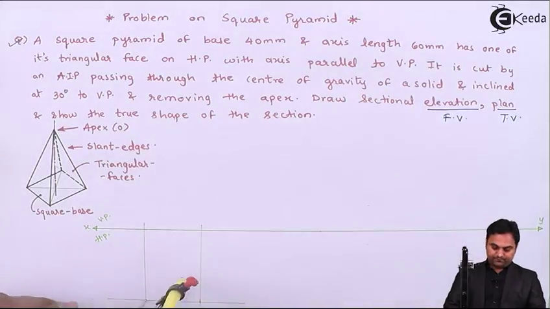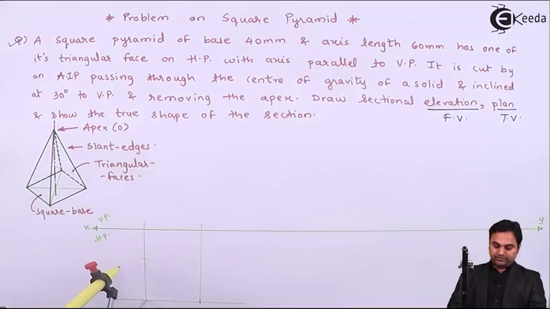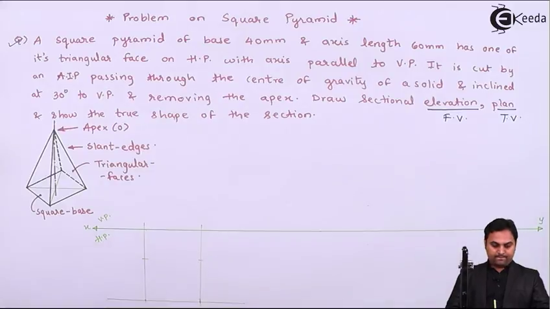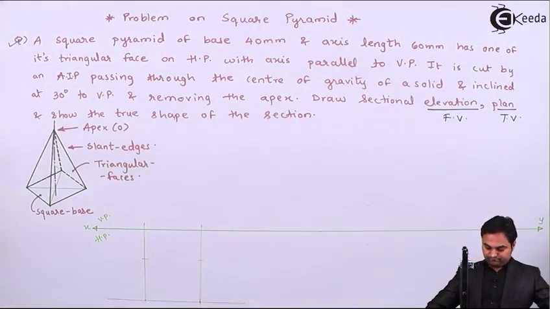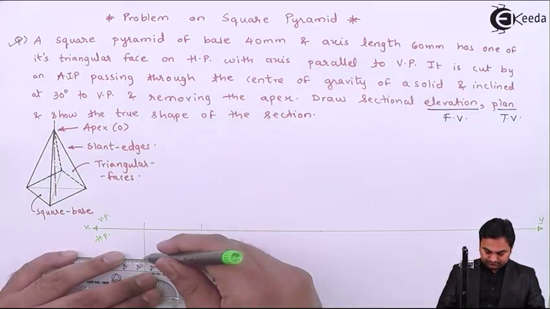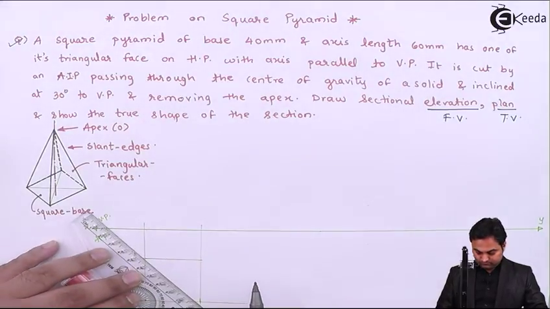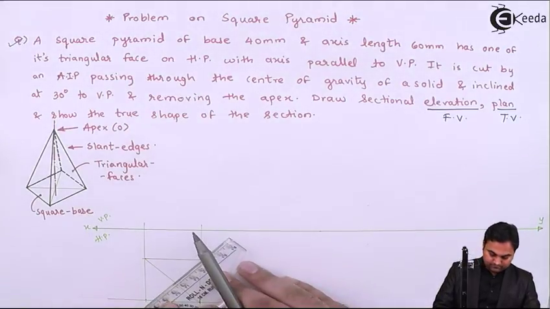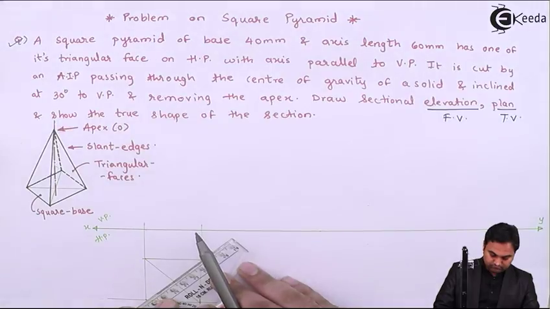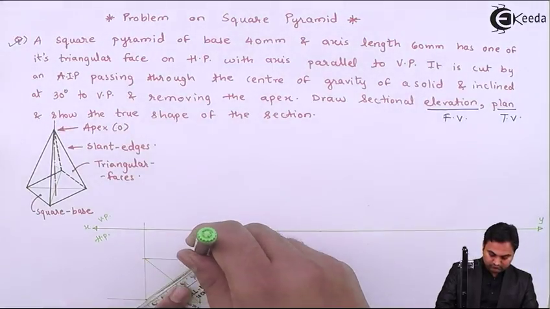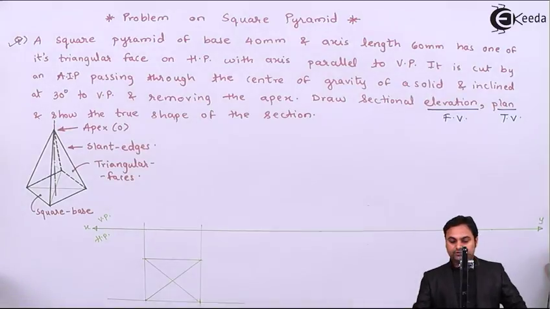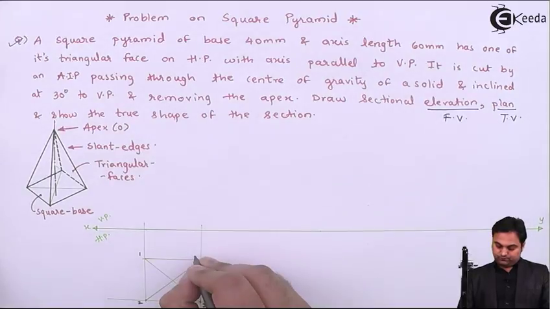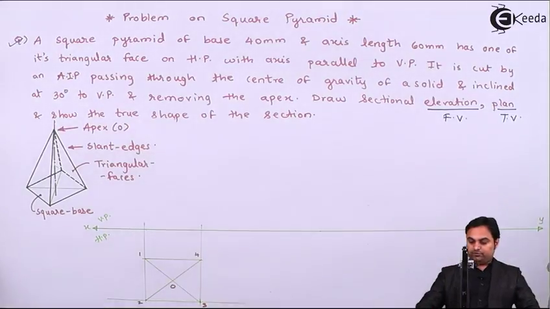Measuring 40 mm, marking it onto both sides. Joining these points. Joining the corners. Next, I'll give the notations to it. So this is the top view.